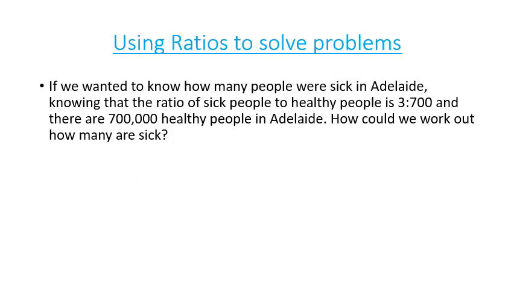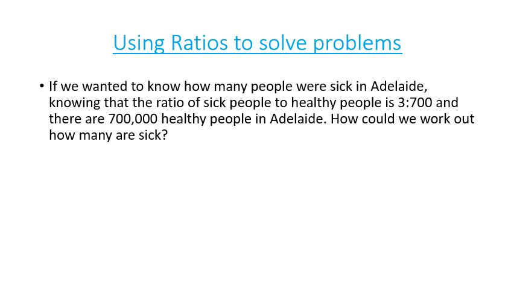So we can also use ratios to solve problems. Here's an example of a problem that you might encounter. If we wanted to know how many people were sick in Adelaide, knowing that the ratio of sick people to healthy people is 3 sick to every 700 healthy, and that there are 700,000 healthy people in Adelaide, we can use this ratio to work out how many sick people there are.